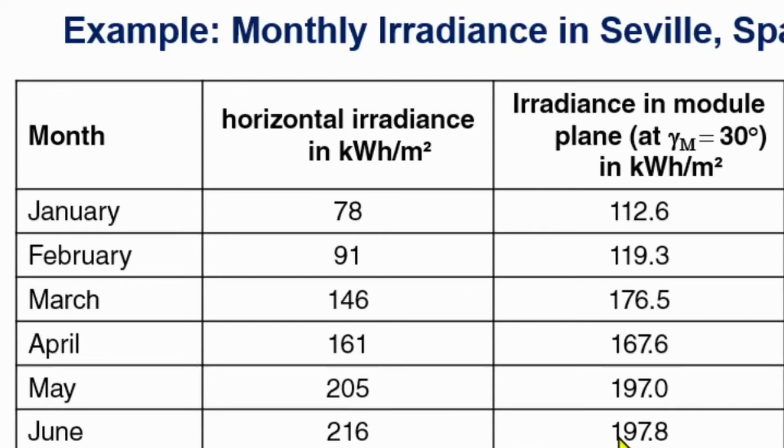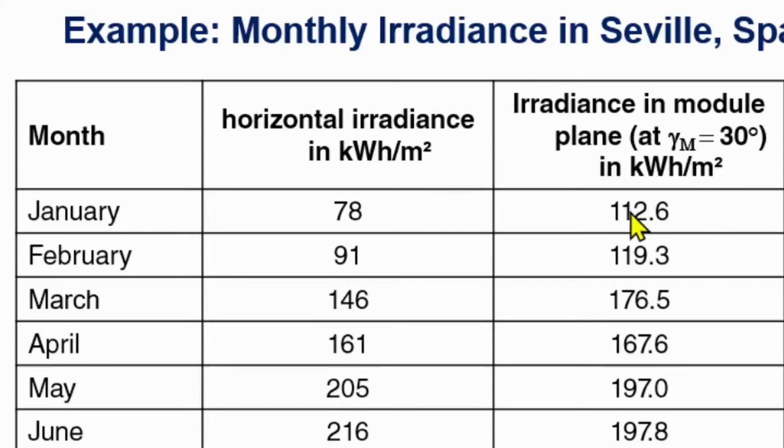If you elevate the receiver a little bit, then the situation gets drastically better in January. So we have here 30 to 40% more irradiance because the elevated plane is more looking towards the sun. We have a little bit reduction in summer, but that's only about 10%.